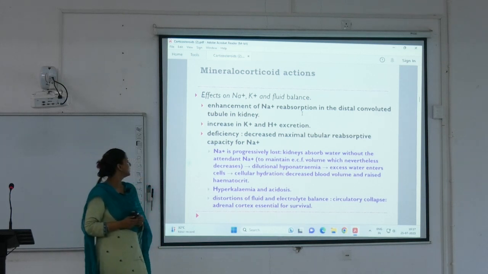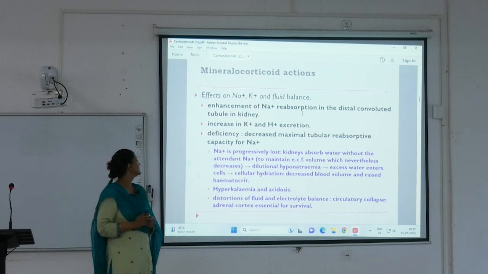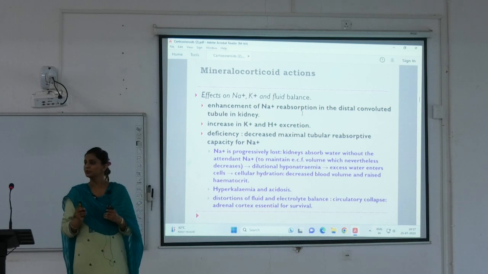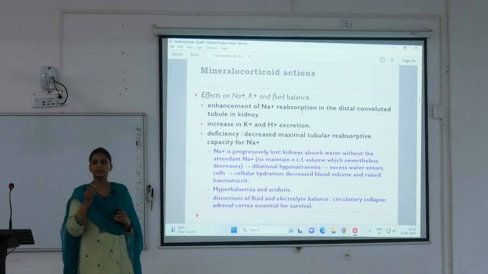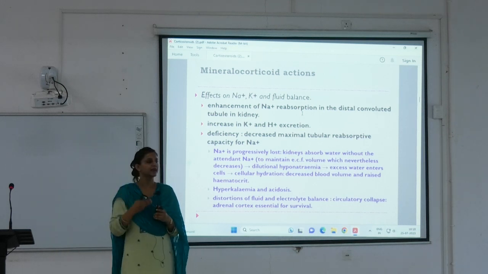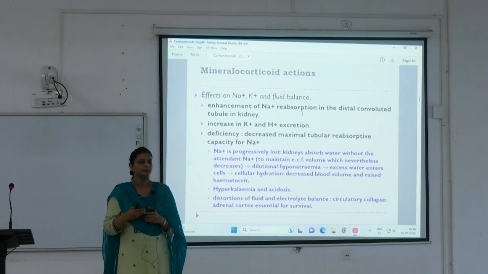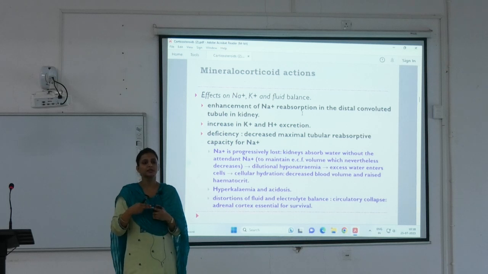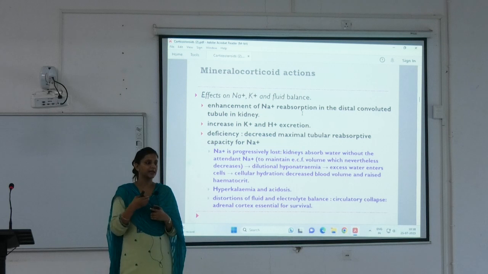So, the mineralocorticoid, we know the main function is the sodium, potassium and fluid balance. How is it doing it? It is doing it by three mechanisms. The first one, it activates the sodium hydrogen exchanger on the luminal side.